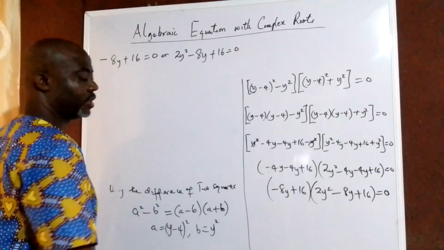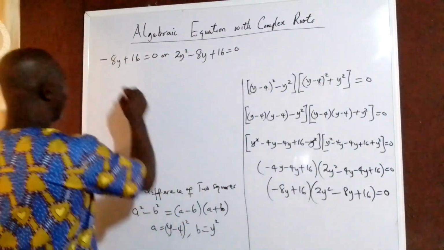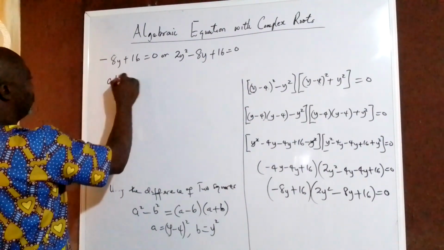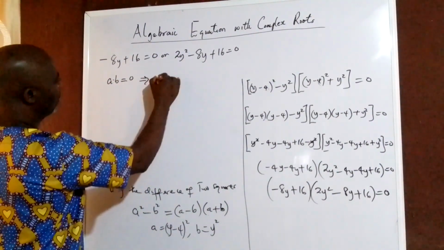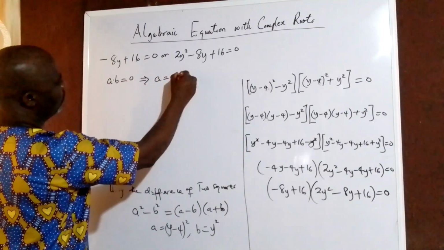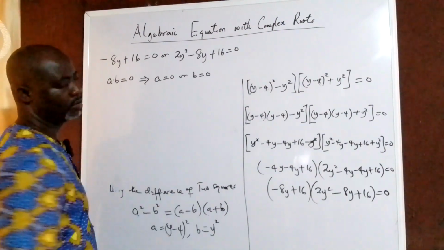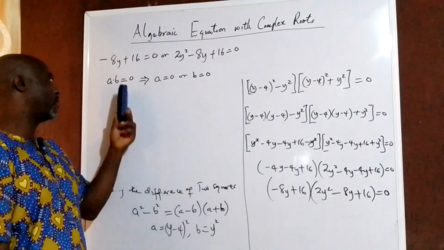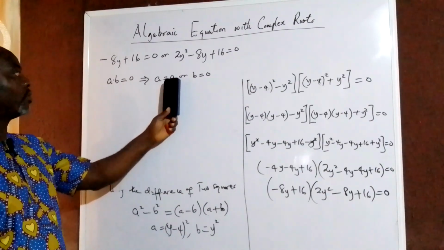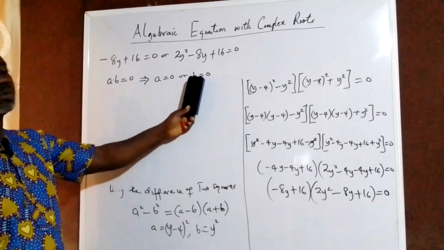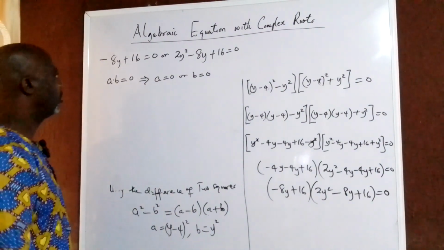This is important because if a times b is equal to 0, what that means is that a will be equal to 0 or b will be equal to 0 or both will be equal to 0.